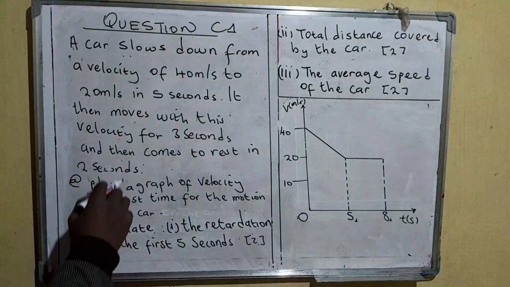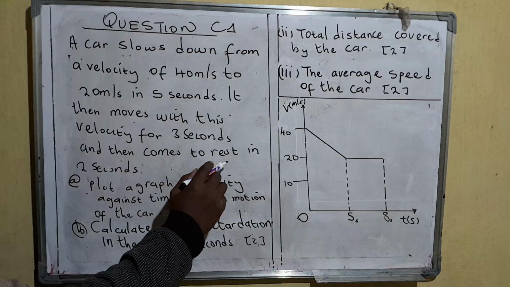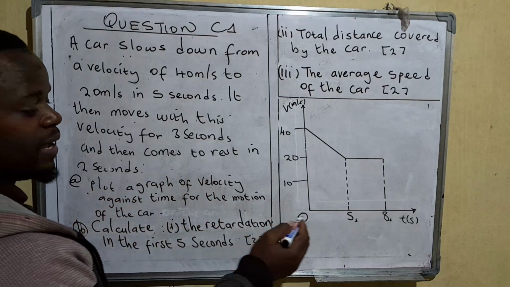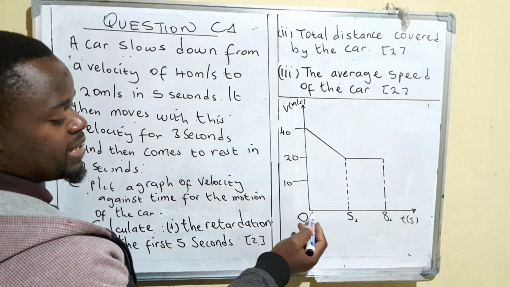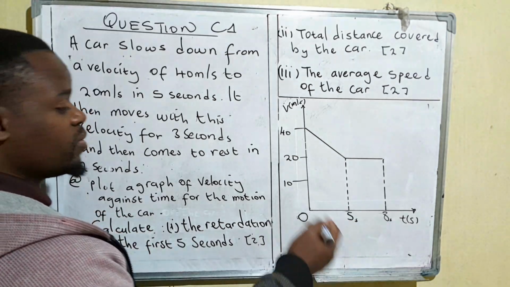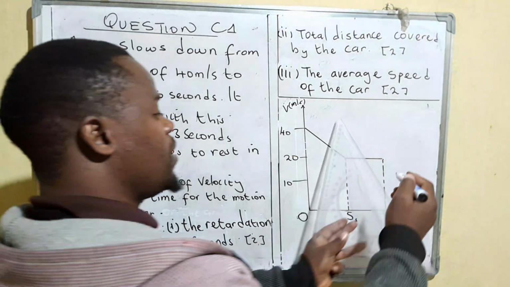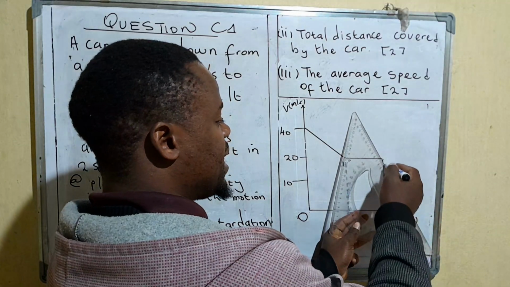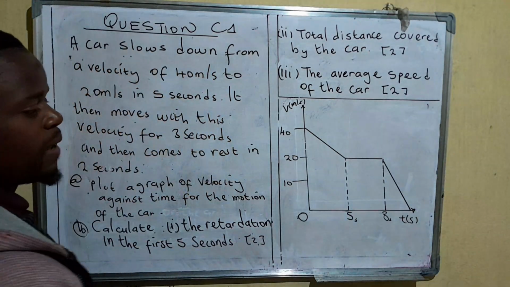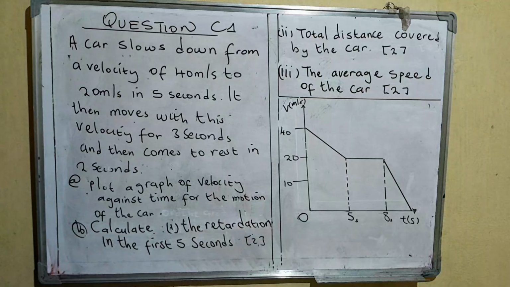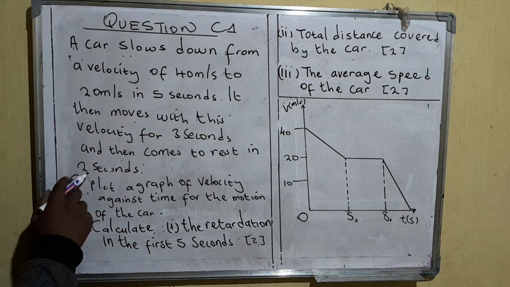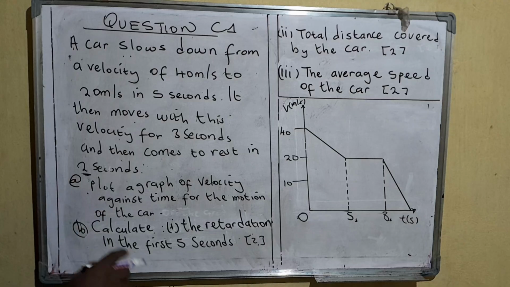And then we read on and say, and then comes to rest in 2 seconds. So the resting position is this line, right? We'll drop it so that it touches the baseline. So it comes to rest. And within what time did that happen? It took 2 seconds to come to the resting position.